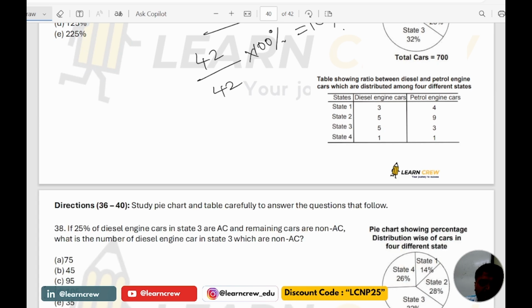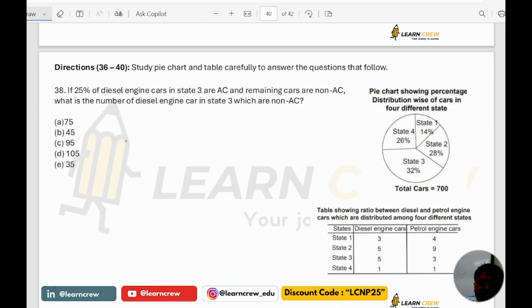Next, if 25% of the diesel engine cars in state 3 are AC, okay, so 25% of state 3, see here, diesel engine cars total are, I already calculated as 140. Out of 140, 25% are AC, remaining are non-AC.